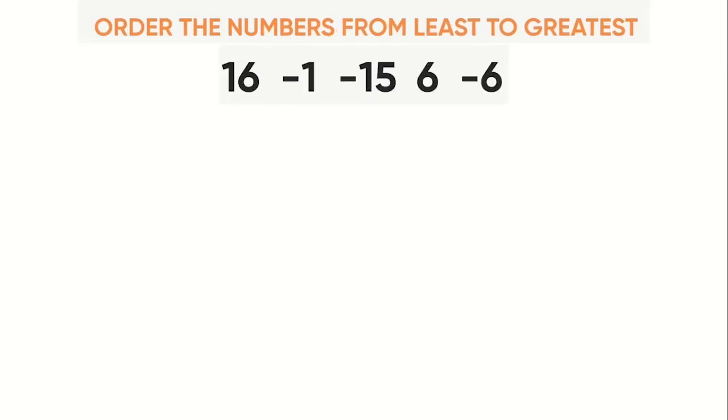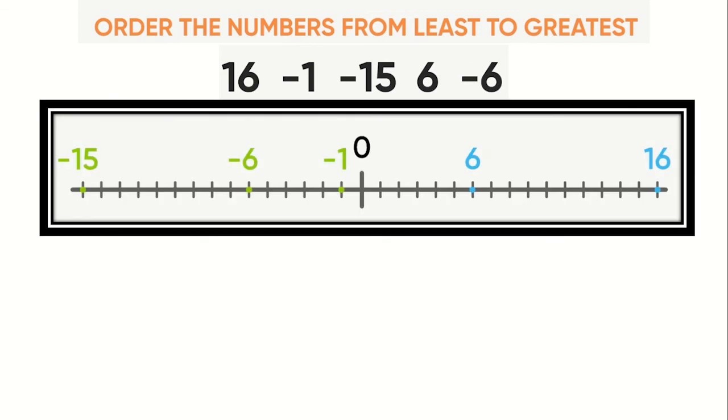Let's have our last example. What if there are 5 numbers that we need to order from least to greatest? 16, negative 1, negative 15, 6, and negative 6. Still, you can use the number line to visualize the location of all of these numbers. So 16 here, negative 1, negative 15, 6, and negative 6.